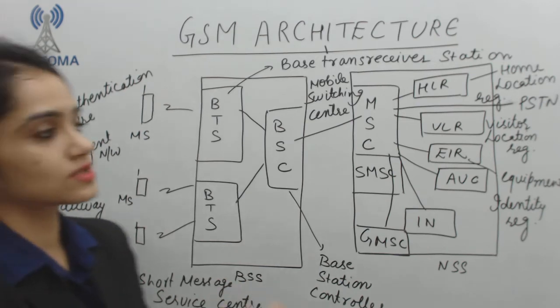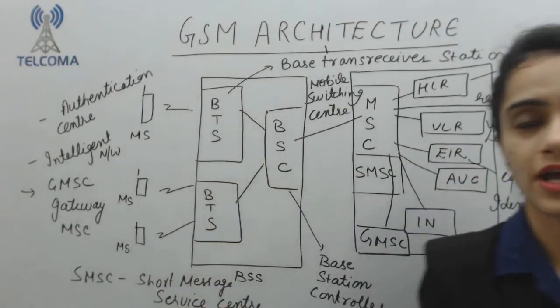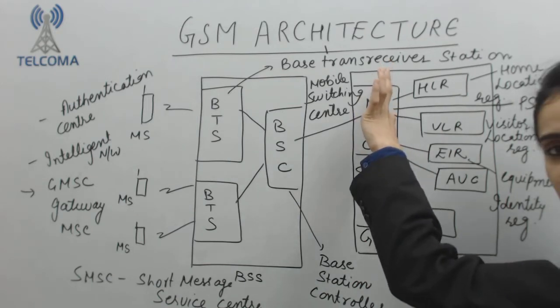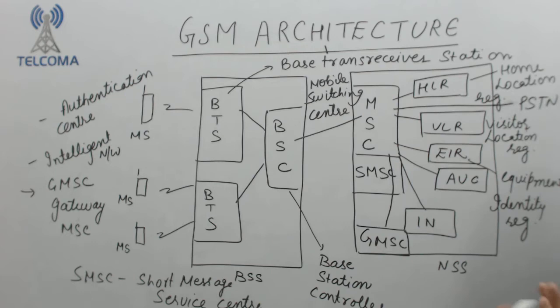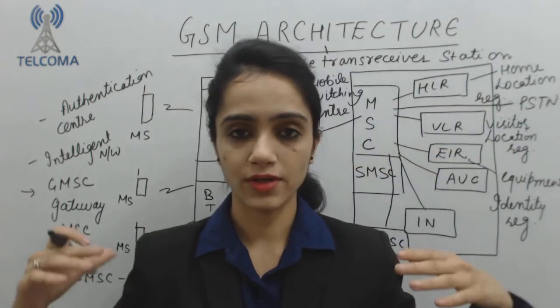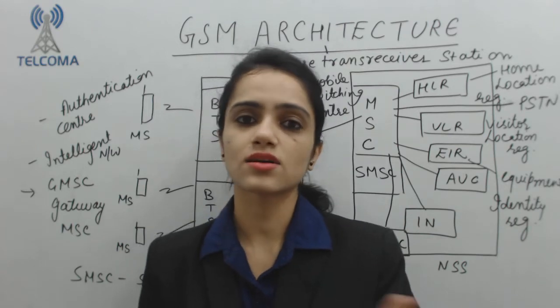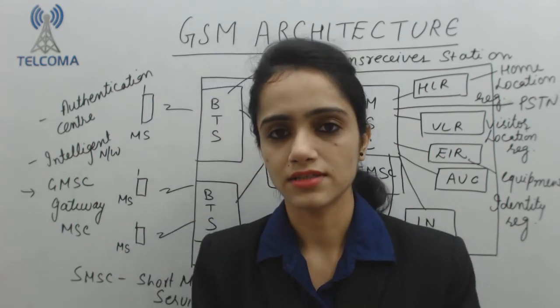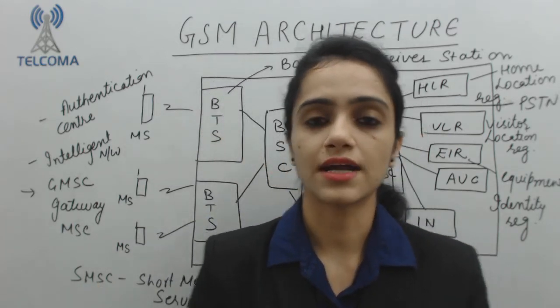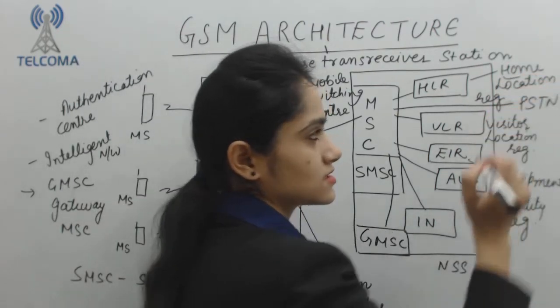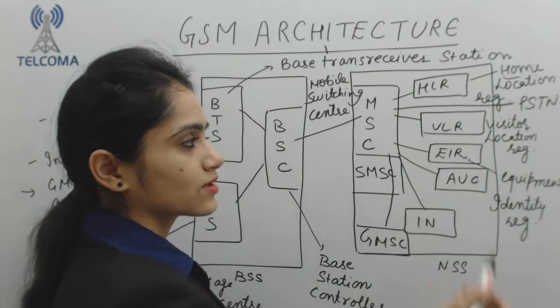If I focus on the complete NSS part, it comprises a main unit, the mobile switching center. With this mobile switching center, I have a number of registers and databases attached. A register is a component that can store values, so a combination of registers forms my database. So I have the home location register and visitor location register.